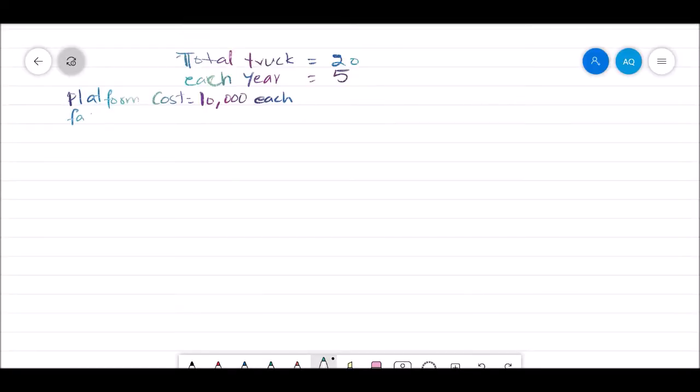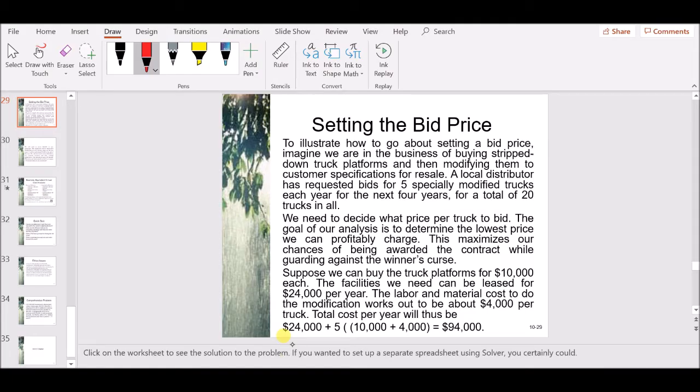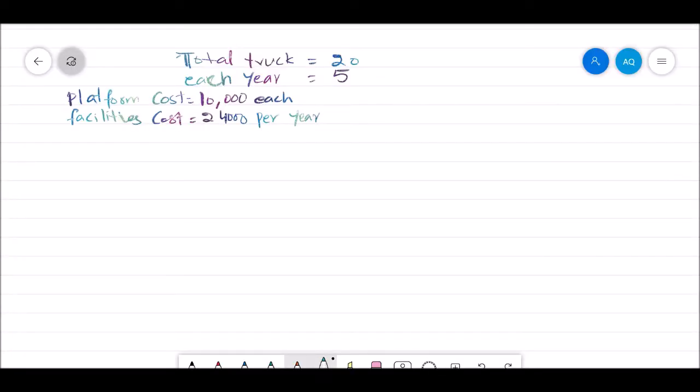So facilities cost is 24,000 per year. The labor and material cost to do the modification works out to be about 4,000 per truck. So our labor and material cost is 4,000 per truck.